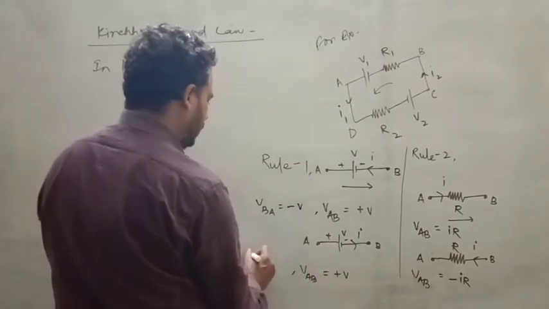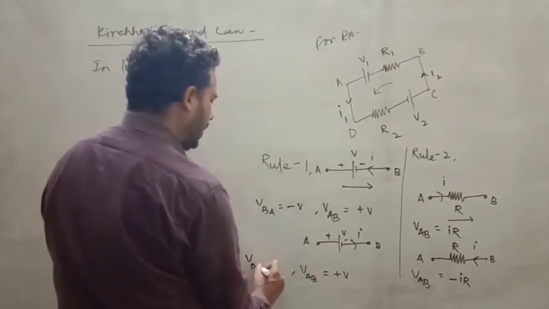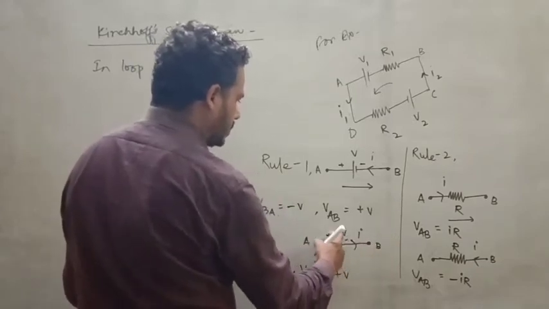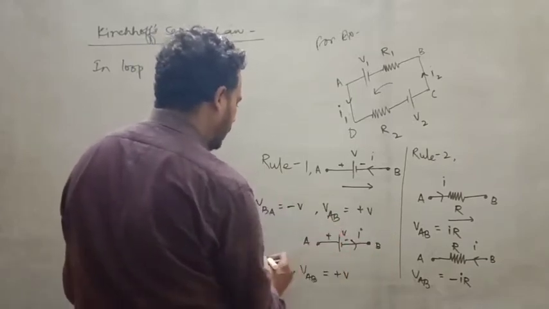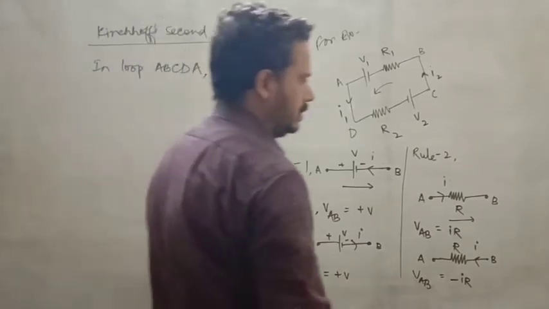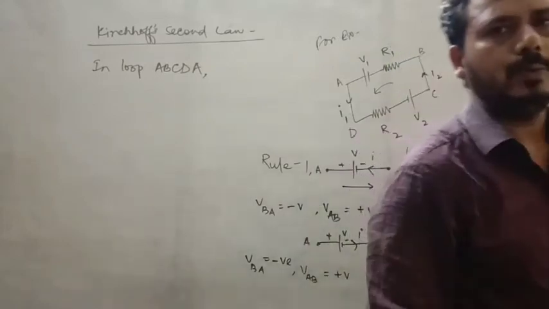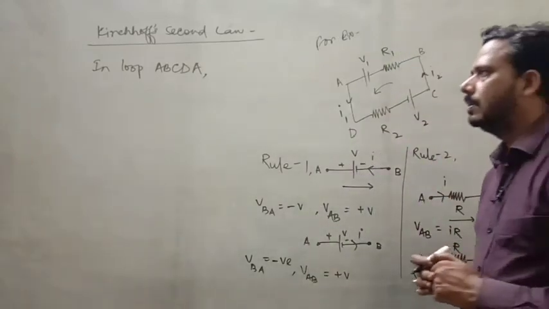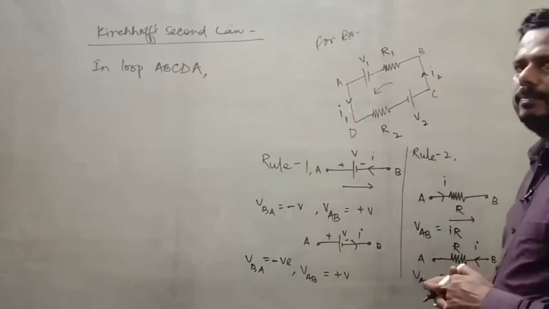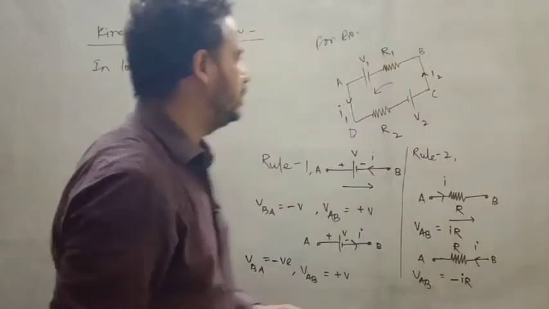If you want to find VBA, now you are entering from lower potential to higher potential, so at that time it would be negative, otherwise positive. So you have to use this rule in solving this circuit diagram. Now I am just going to follow this rule.